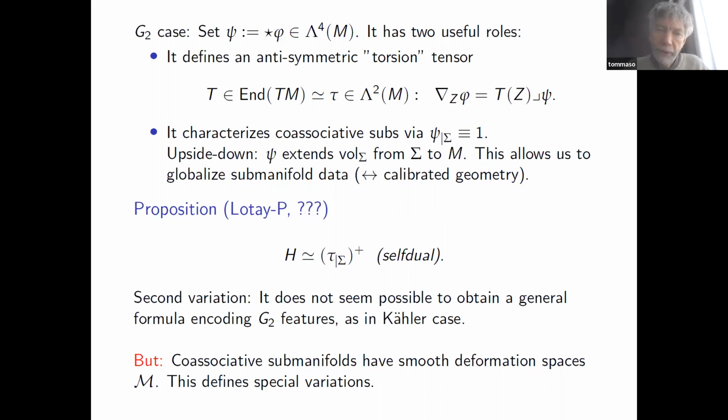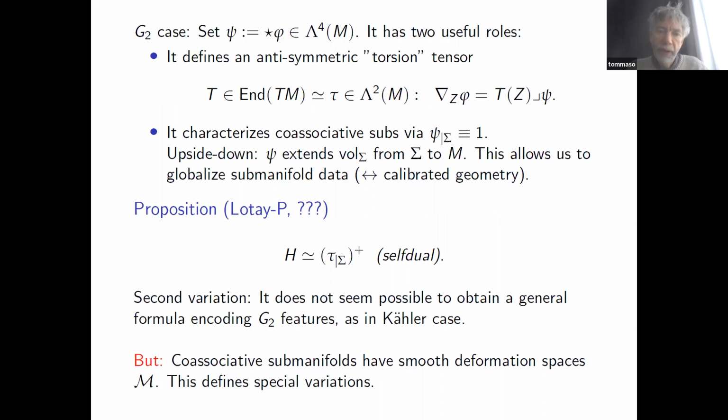And then it is also interesting because we are interested in co-associative submanifolds. I defined co-associative submanifolds saying that the 3-form is equal to 0. But equivalently, we can define them as those on which the 4-form is equal to 1. And when you say that a differential form is equal to 1, you are really saying that the form is equal to the volume form.